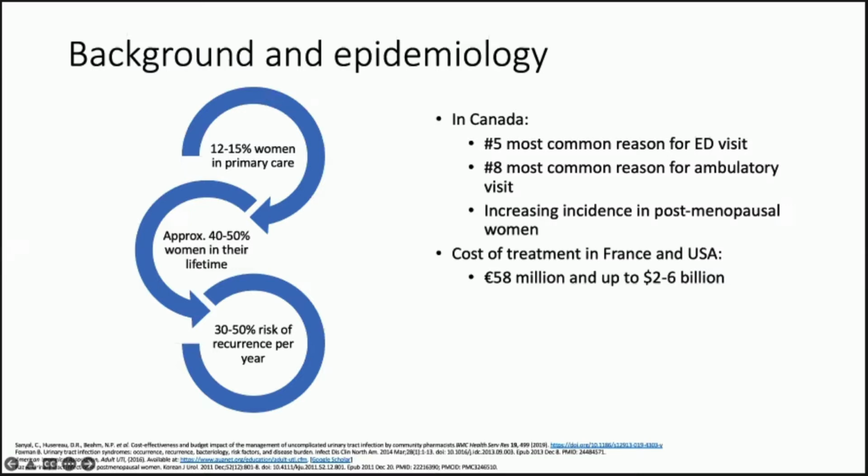Of those women, 30 to 50% will have a recurrence in the first year. In Canada, UTIs also represent the 5th most common reason for a visit to the emergency department and the 8th most common reason for an ambulatory visit. We also see an increasing incidence in postmenopausal women.